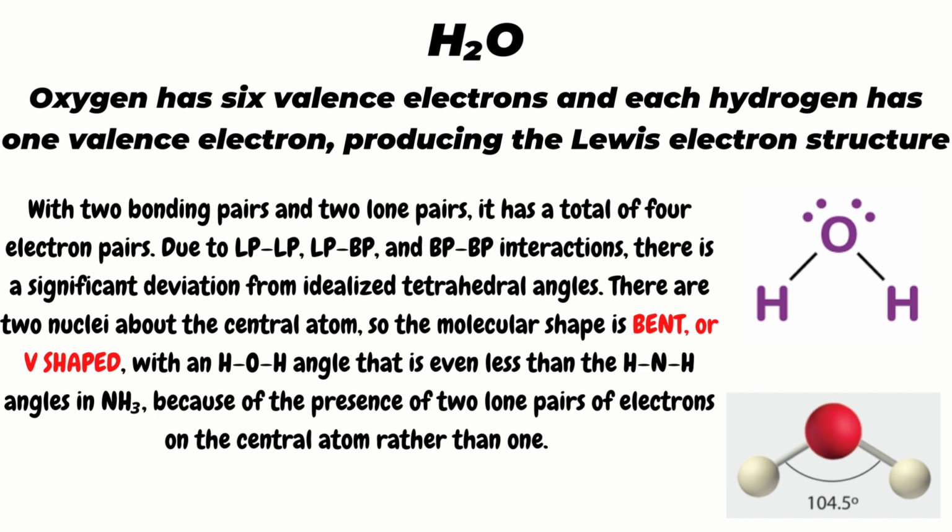Due to lone pair repulsion, lone pair bond pair and bond pair interactions, there is a significant deviation from ideal tetrahedral angles. There are 2 nuclei about the central atom, so the molecular shape is bent or V-shaped with an H-O-H angle that's even less than H-N-H angle in NH3 because of the presence of 2 lone pairs of electrons on the central atom rather than 1.